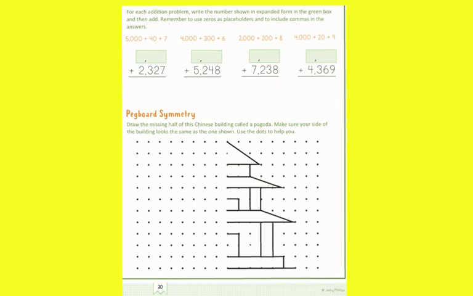Okay, at the bottom it says, draw the missing half of this Chinese building called a pagoda. Make sure your side of the building looks the same as the one shown. Use the dots to help you. Okay, so I'm going to give you a little hint with this part. It's easiest to start with the horizontal lines that it gives you and then use those to help you fill in the other parts. So if I'm looking at this section of line here, I can see that it goes 1, 2, 3 spaces.